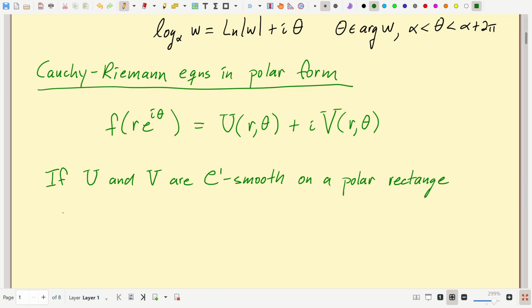That would be a set of r, theta such that r1 is less than r is less than r2. We don't want the origin to be in a polar rectangle. And theta would be between alpha and beta.